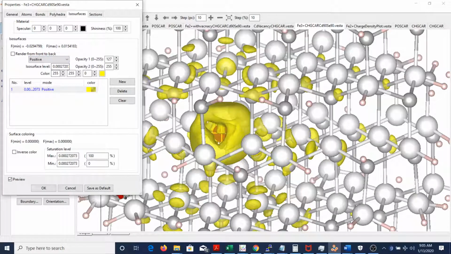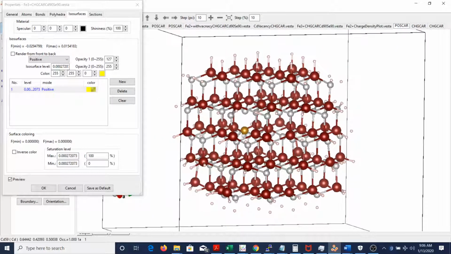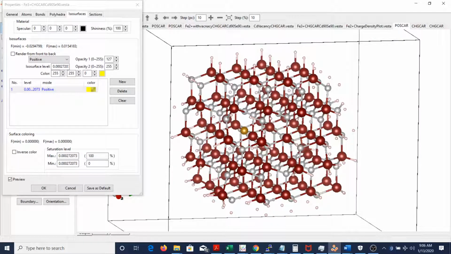So when I keep it positive, you see the iron right here. That is the iron substitution, exactly the same thing that we had seen in the POSCAR file. In the POSCAR file, we have the iron right here, the cadmium vacancy right here. This right now is without the cadmium vacancy, so there is cadmium right here.